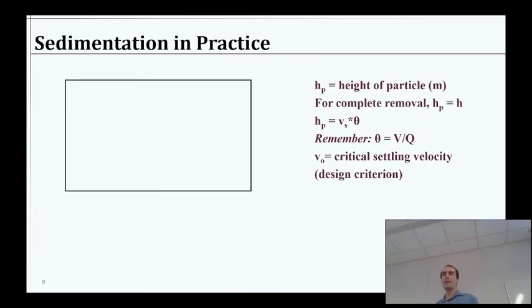But ultimately that's our design criteria: we want all particles of a particular type removed. We could go crazy with this and say we want to sediment viruses, until we realize that viruses are so small that just the Brownian motion with diffusion is going to keep them suspended. They'll never sediment. They're not large enough to sediment.